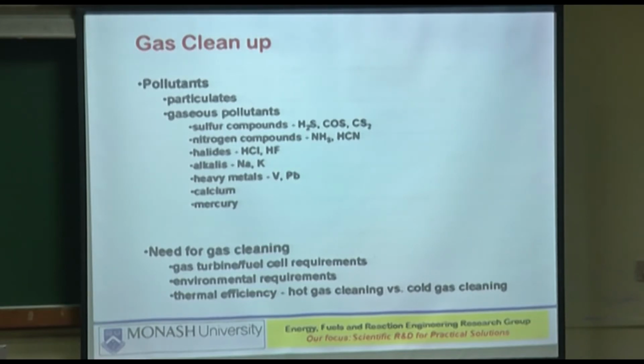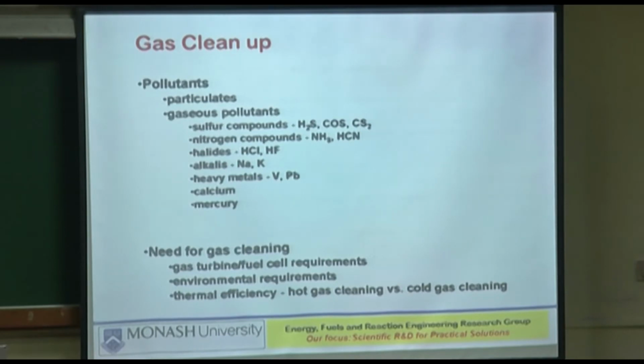And on top of that, of course, there are the environmental regulations. For all of this, you have very strict regulation guidelines by the EPAs in almost all the countries, which have to be met. But gas cleaning has significant implications on the cost.